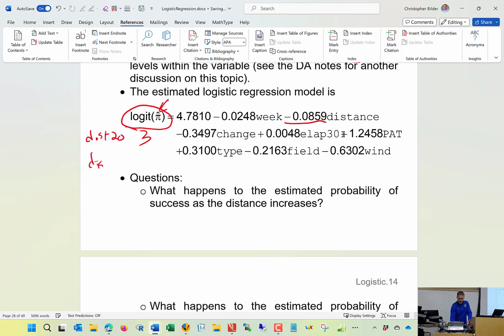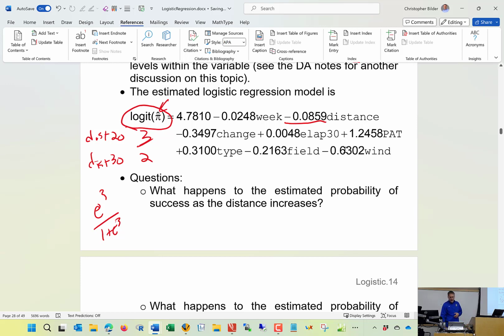And a distance of 30, maybe you get 2. From that, how would you actually come up with the probability of success? Well, you would say e to the 3 over 1 plus e to the 3 for the 3, and do something similar for the 2. You get the estimated probability of success, and then you can compare the two.